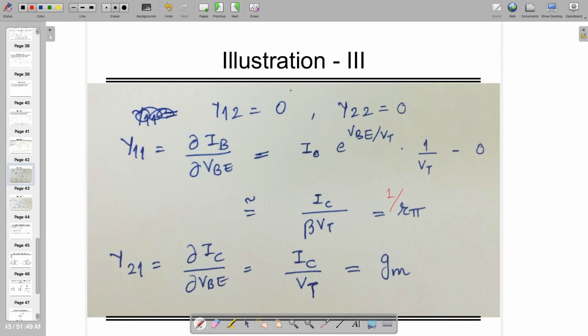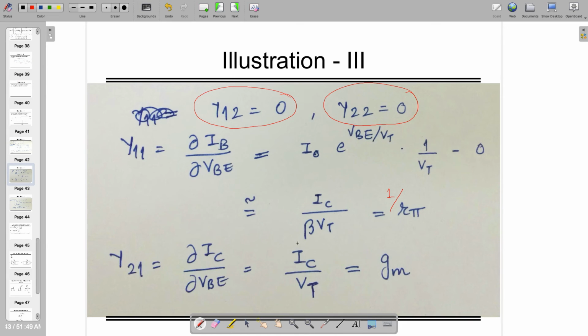As we already know, y12 and y22 are 0 because of non-availability of Vc in the equation, whereas for y11 and y21 you have some answer.